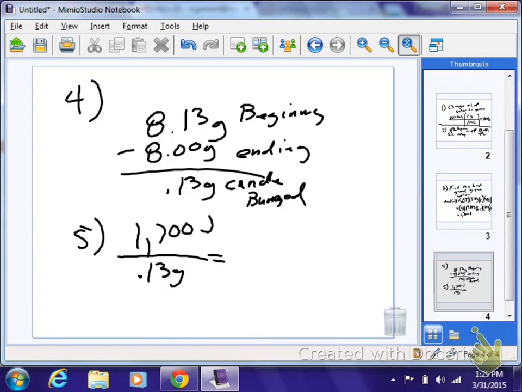And again, this is just making up some numbers. You guys have actual numbers. And I get 13,080. So I'm just going to make it 13,000. And that'd be joules per gram. So that would be 5A.